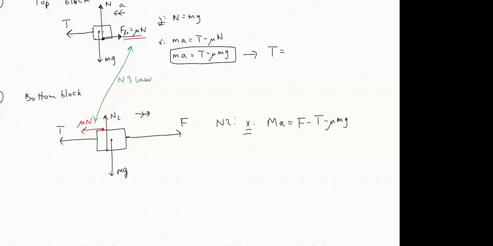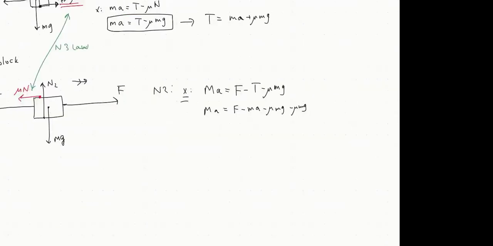T is equal to ma plus mu mg. I substitute that into here and I get Ma equals F minus ma minus mu mg minus mu mg, and I get F is equal to mass times acceleration plus mass times acceleration plus 2 mu mg.